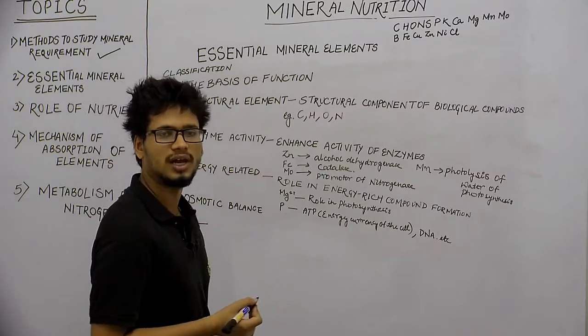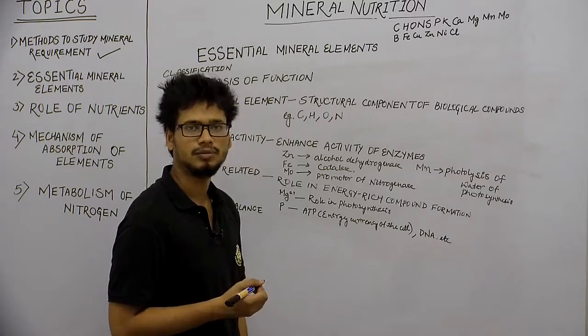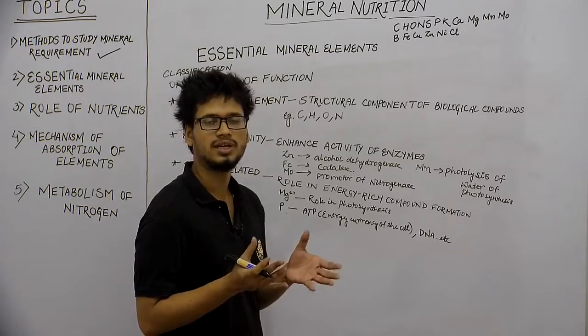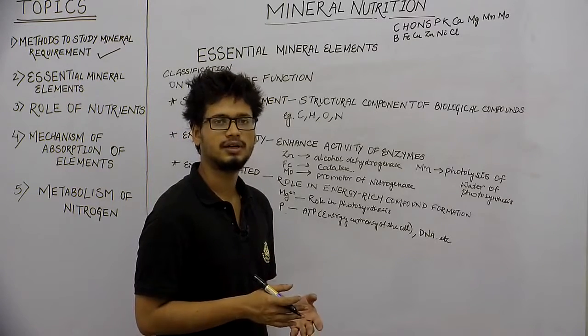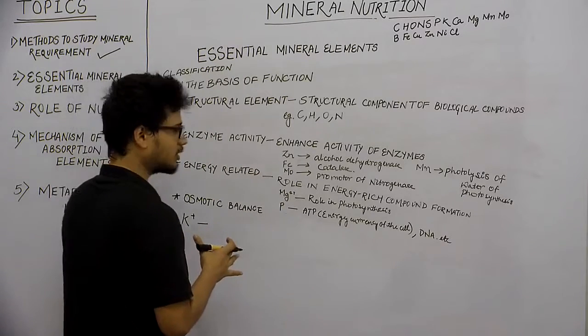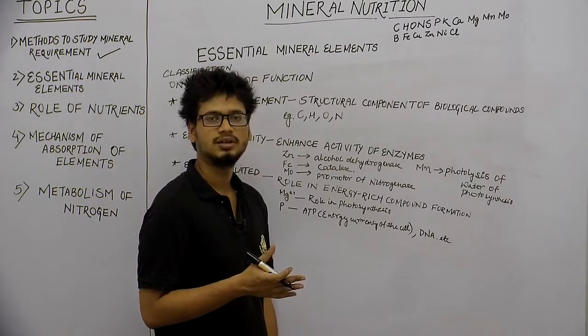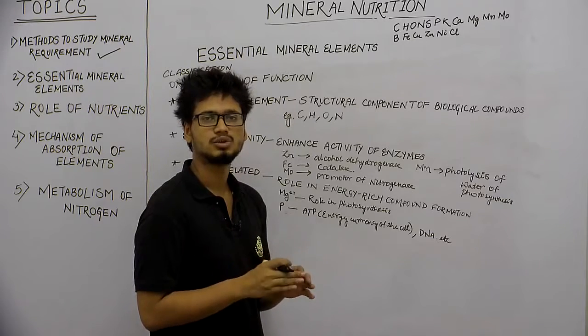Potassium has a role in turgor movements of the plant. And the guard cells in the stomata, their opening and closing is also dependent on potassium. Because there was a theory, if you remember, that's of the potassium malate theory, which accounts for how the guard cells open and close.